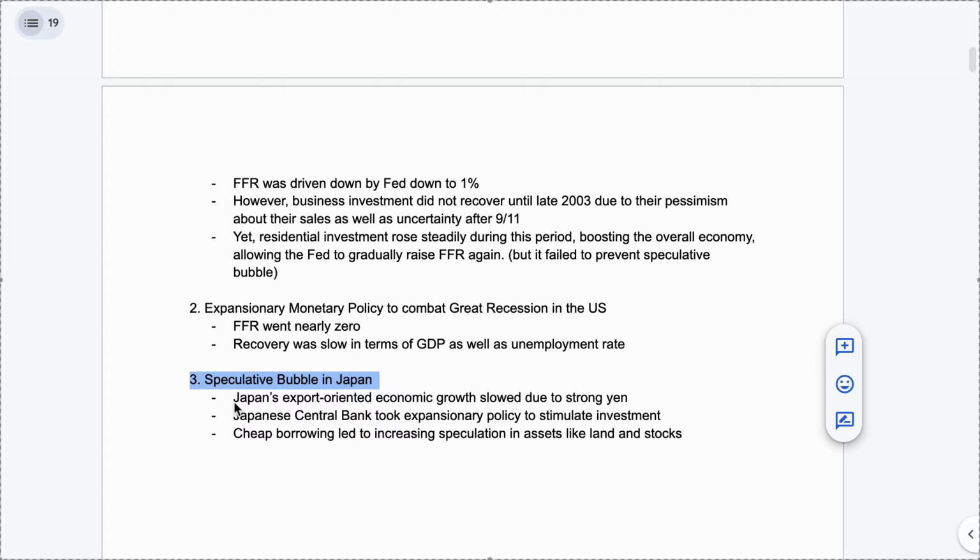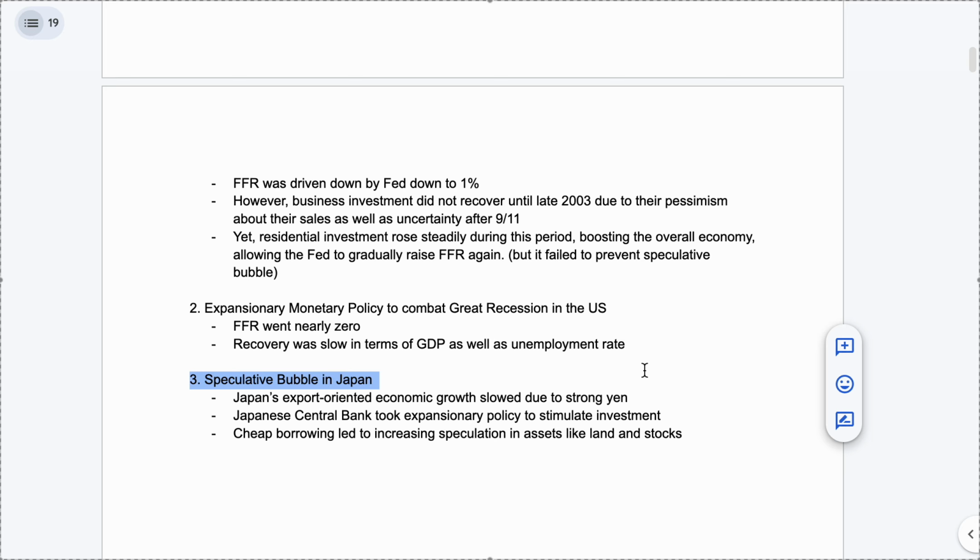So the Central Bank of Japan took an expansionary monetary policy to stimulate investment. But investment maybe did rise to a certain extent, but it wasn't much. And the other thing that was actually stimulated was, again, speculation in assets such as land and stocks.